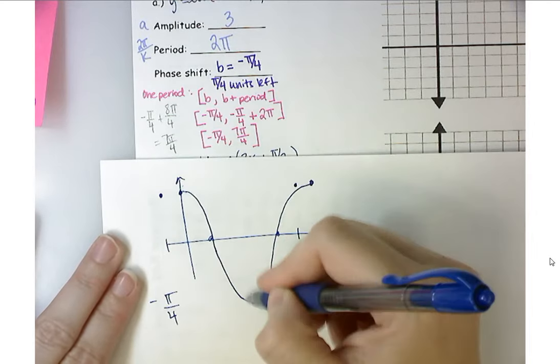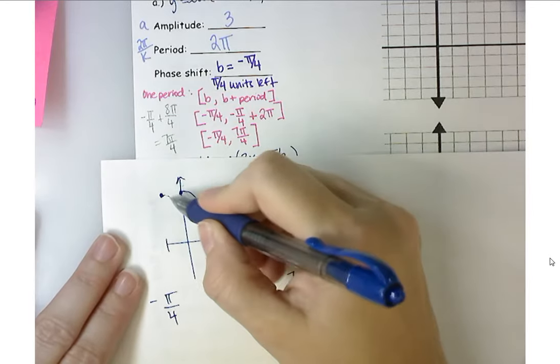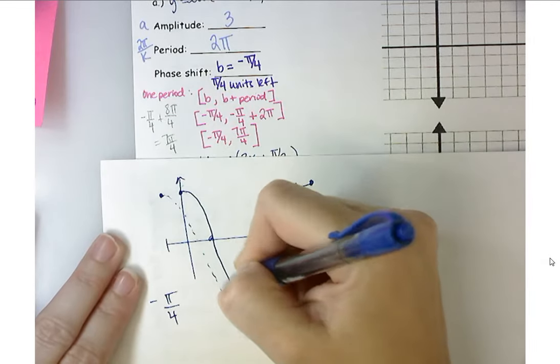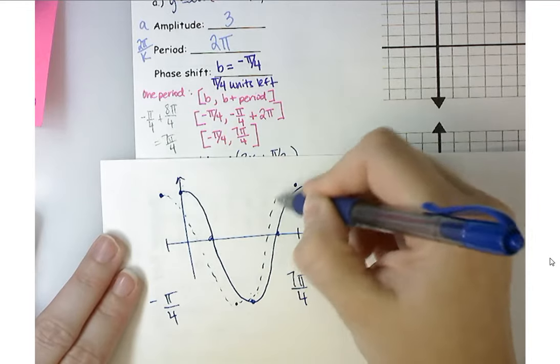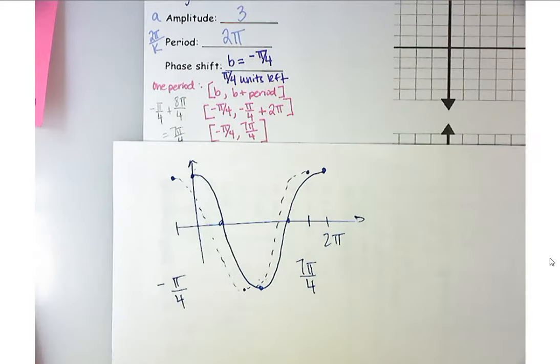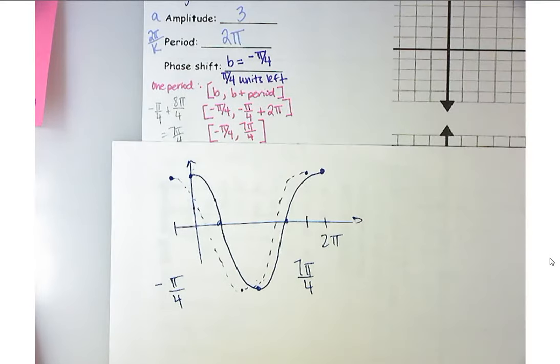Halfway in between, you'd still hit your lowest point. I'm just going to show you this with a dashed line. So that's what's happening, you're just taking this solid graph and moving it over to where the dashed graph is going to be. So you're just shifting that over.